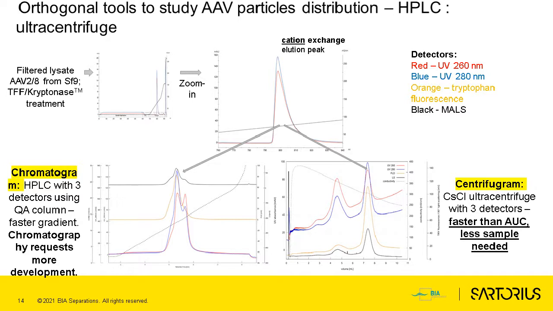So we would have a clear idea about the empty-full ratio, and also whether there are other species besides the full. With this picture in mind, we would then develop our chromatographic method to reach such a separation or purity. The centrifuge is always much faster at separating empty and full, but when you need to scale up, you need to invest time and effort to improve the separation method on the HPLC so you can reach the separation needed to provide, I don't know, 80 to 90% full.